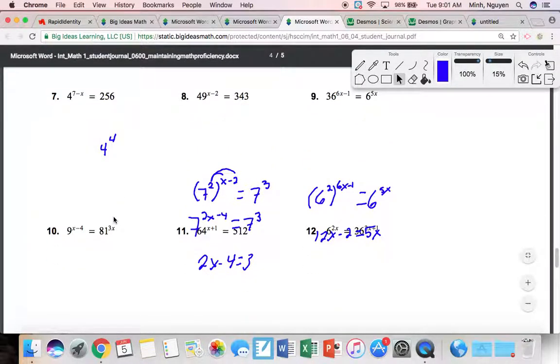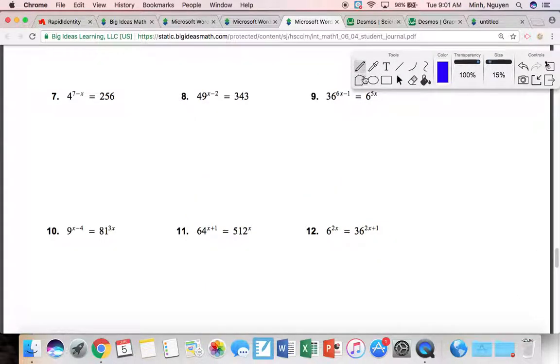Let's see here. This is 9 squared to the 3x, which is 9 to the 6x. So you say x minus 4 equals 6x.